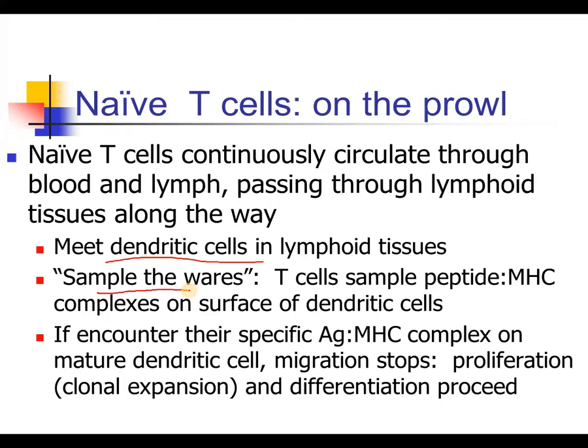In other words, they're going to interact with the dendritic cell, sampling the peptide MHC complexes that the dendritic cell is showing on its surface. If that happens to be a match for the T cell's specific antigen MHC complex on that mature dendritic cell, migration of the T cell is going to stop and proliferation, that is clonal expansion and differentiation, will proceed.